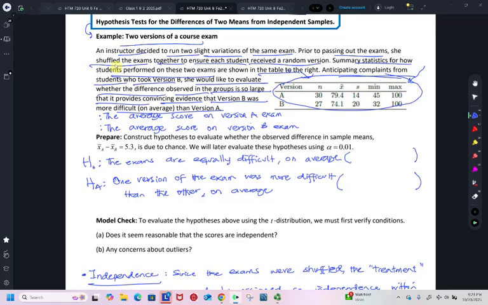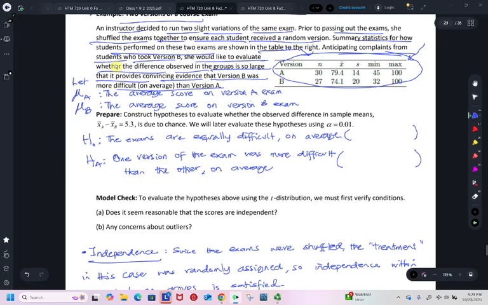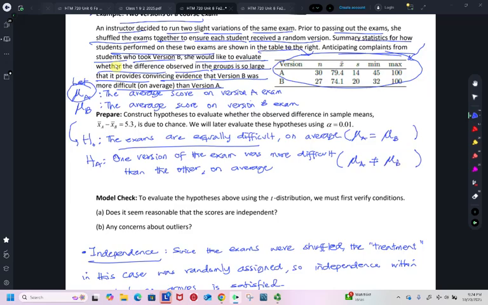The first step would be to let mu of A be the average score on version A of the exam, and mu of B be the average score on version B of the exam, which means that for our null hypothesis, we would of course say that they are no different from each other, which means that the average score on version A is the same as the average score on version B. And that would be against the alternative that one of them is more difficult than the other.